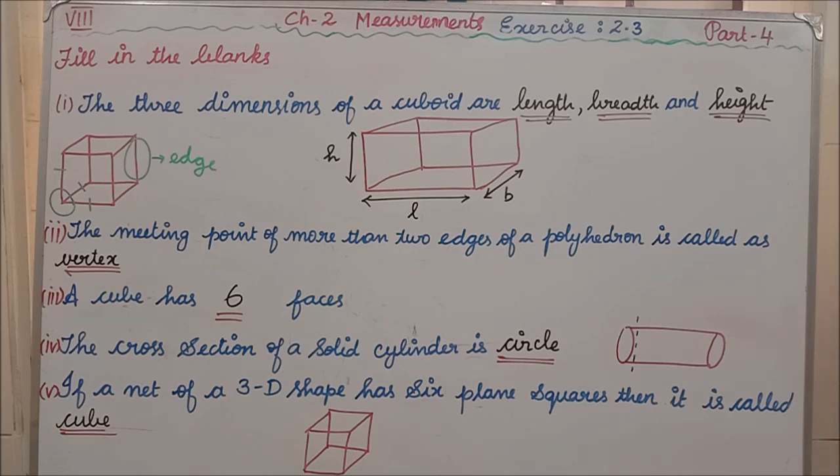You are taking 6 plane squares, then what will be the shape? They are saying square, then obviously in 3D the square will be what? Cube. Okay, it can be anything, it can be 10, it can be 12. But they are saying a 3D shape of squares, then it will be a cube. Clear, students, all of you?